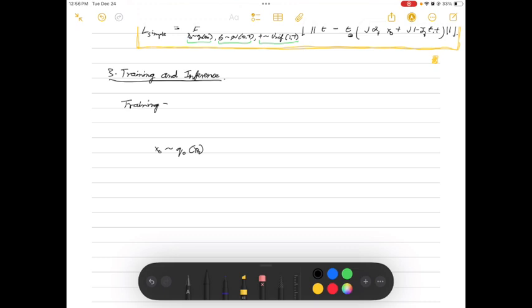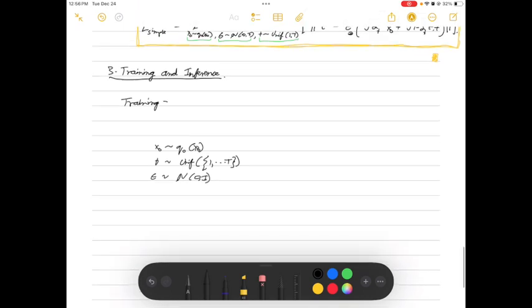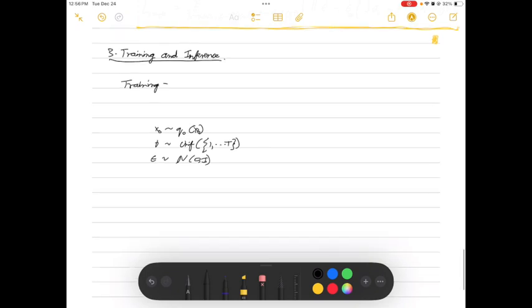We will then need the time step, which we sample from a uniform distribution. And then we will need the noise epsilon, which we sample from a normal distribution. So these are each of these three things that we need: x0, the data sample, t, the time step, epsilon, the noise.